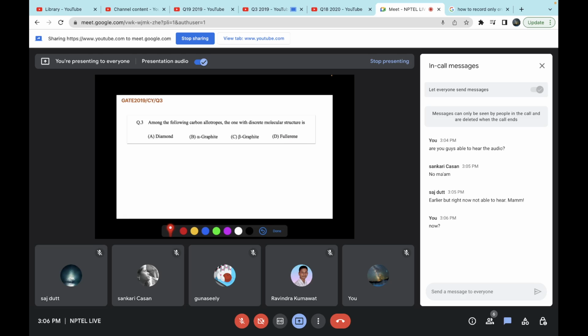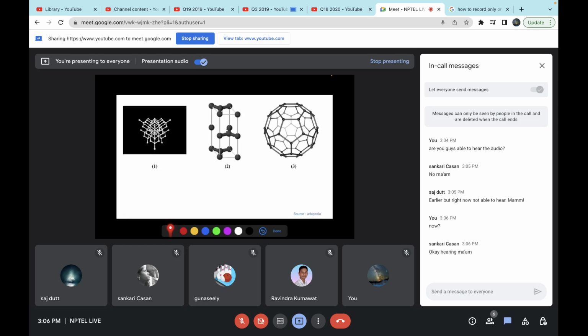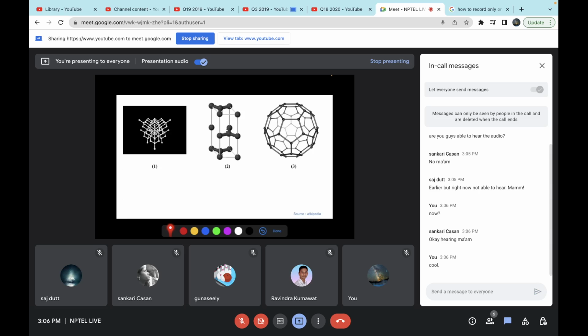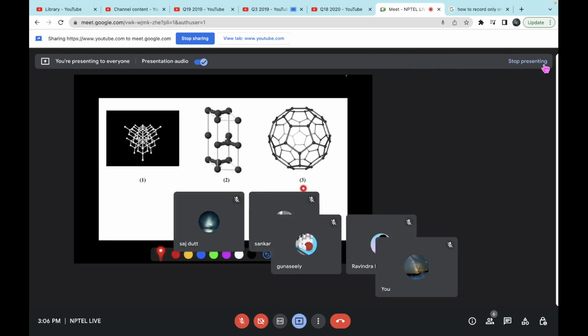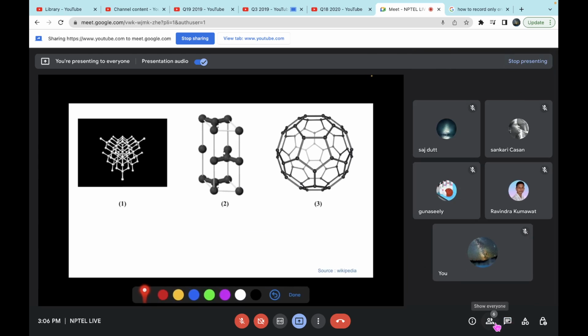I am guessing that you might already have an idea, but let's jump into some basics and discuss the structures. These three different structures correspond to which given option?